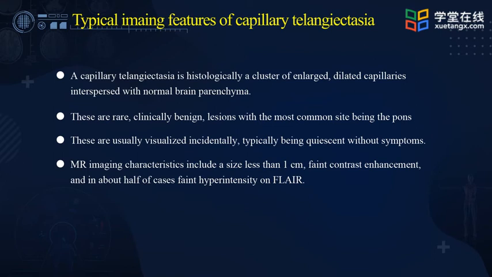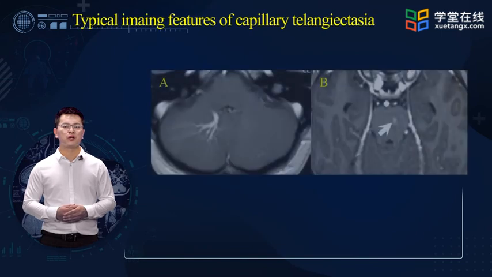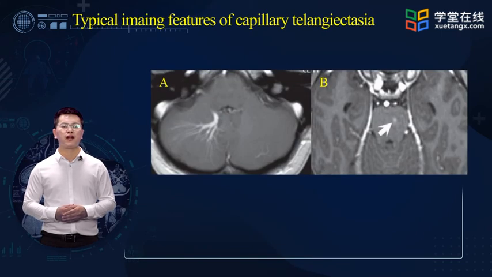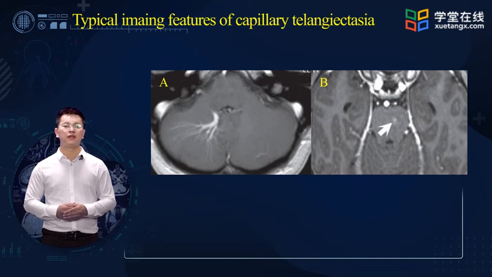hyperintensity on FLAIR. Figure A shows a typical finding of developmental venous anomaly in the right cerebellum, and Figure B demonstrates capillary telangiectasia in the pons. These two incidental vascular lesions are both seen on post-contrast MR, often being undetected on pre-contrast scans.